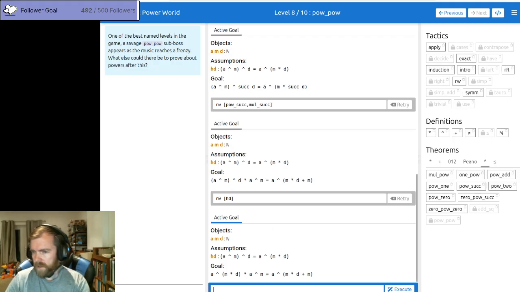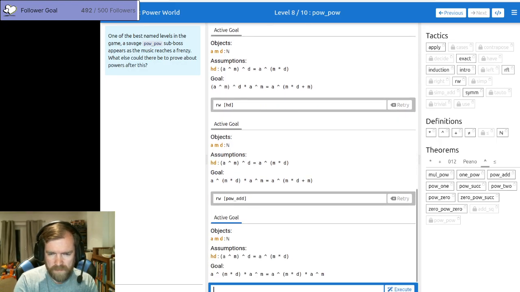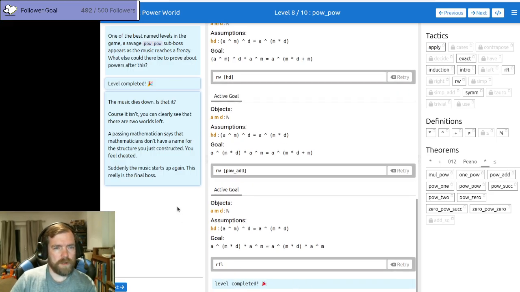And we have something that allows us to do that. We have multiply power. No. No. We have power add. Yep. Rewrite power add. Reflexive. Woo!